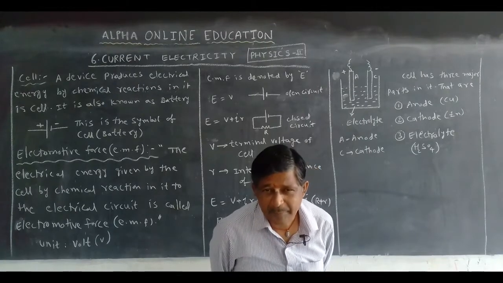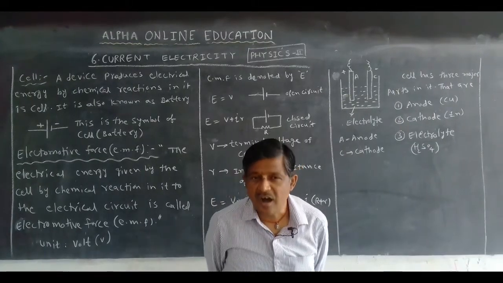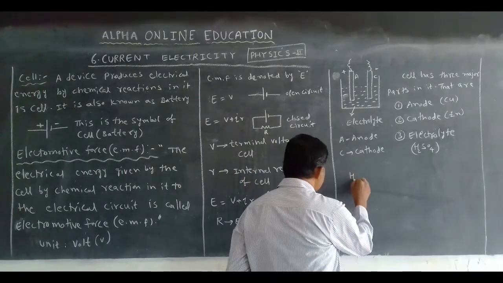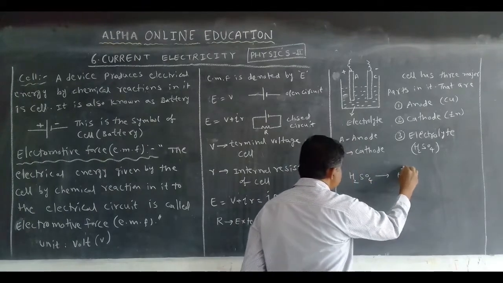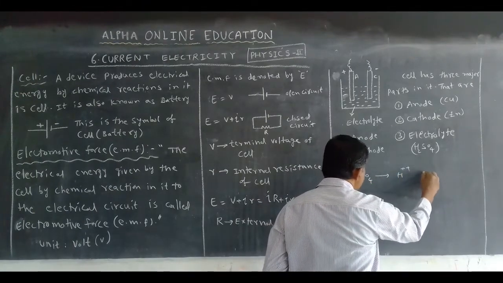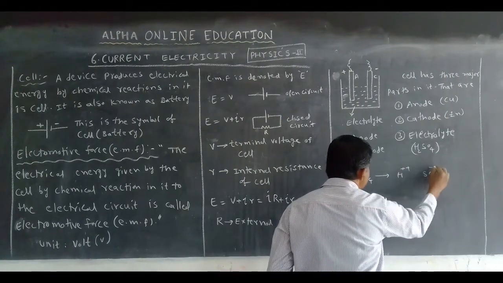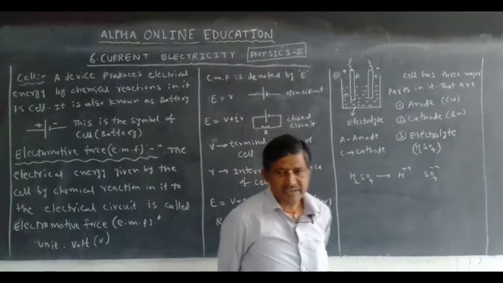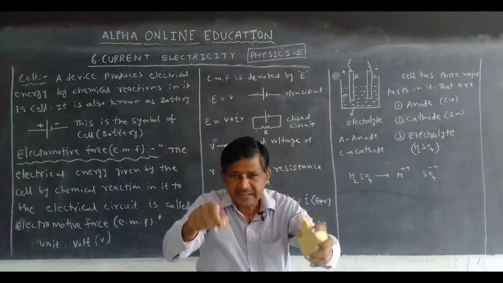So what happened? The H2SO4 splits into ions, H plus plus and SO4 minus minus. This happens when the anode and cathode plates are dipped in the electrolyte.